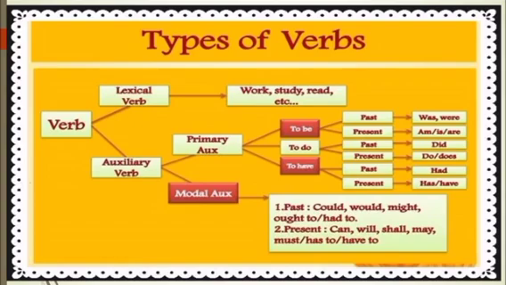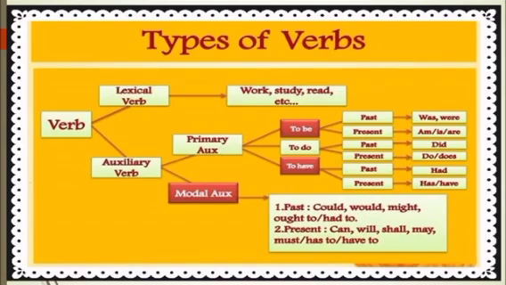Next, we have auxiliary verb. Auxiliary verb is further subdivided into two types, primary auxiliaries and modal auxiliaries. Primary auxiliaries are further subdivided into three: be verbs, do verbs and have verbs. In be verbs, in past form we have was, were.